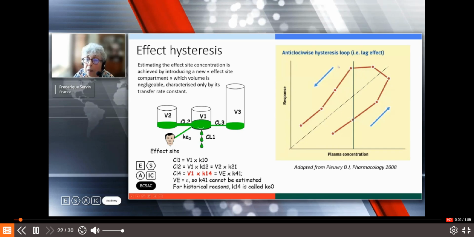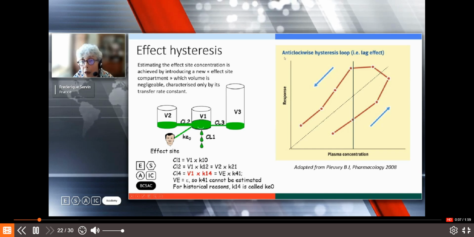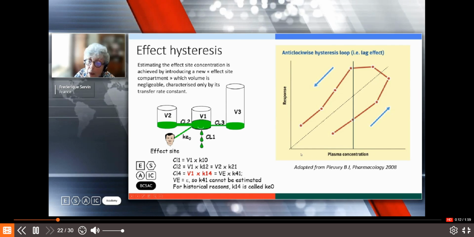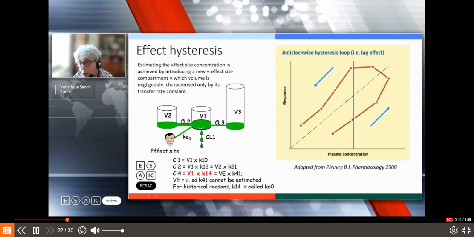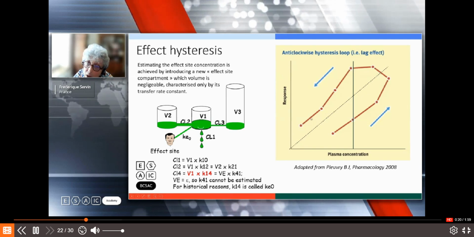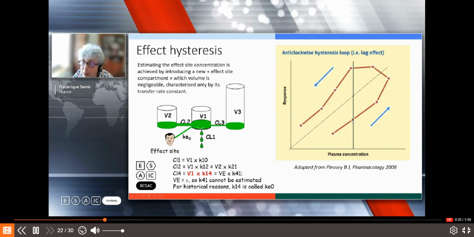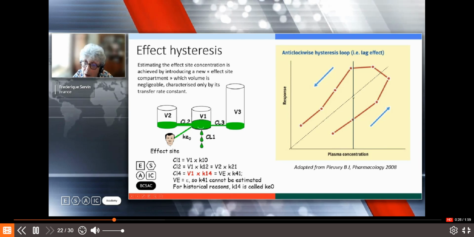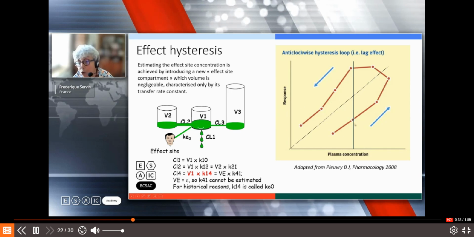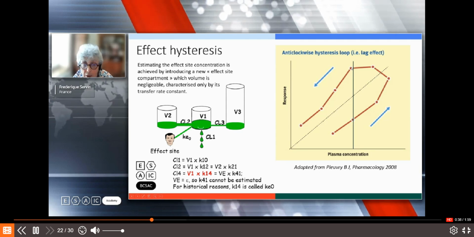And this is due to what is called an anti-clockwise hysteresis loop. That's to say, if you give a drug and look at the concentration, you will get a maximum, and then you stop the administration and the concentration will reduce. But as it will take time for your drug to reach the receptors at the effect site, for the same effect, you will have two different concentrations, depending on whether you are going up or down.